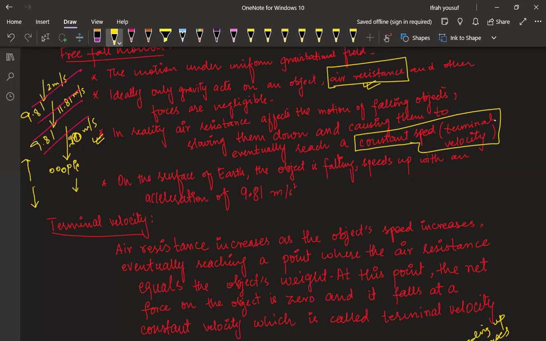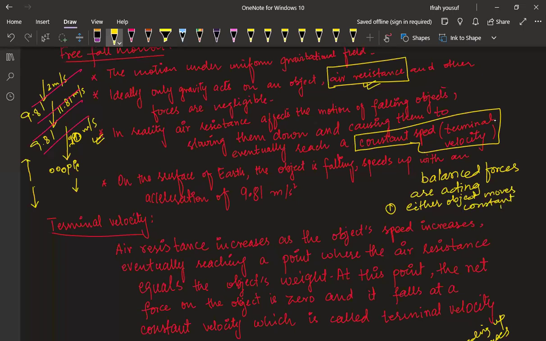And we have studied two things. When balanced forces are acting, two things are possible, right? Number one, either the object moves with constant speed.